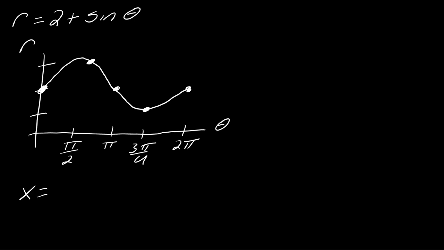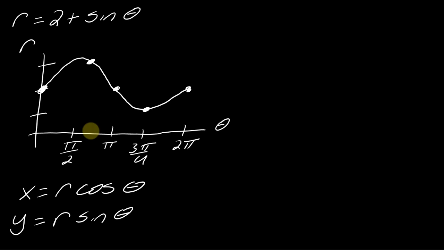So the thing to remember is that x equals r cosine theta, y equals r sine theta. So if I want to now start coming up with x, y coordinates, I need to use this kind of relationship. And so now I can tell what the value of r is for different values of theta.